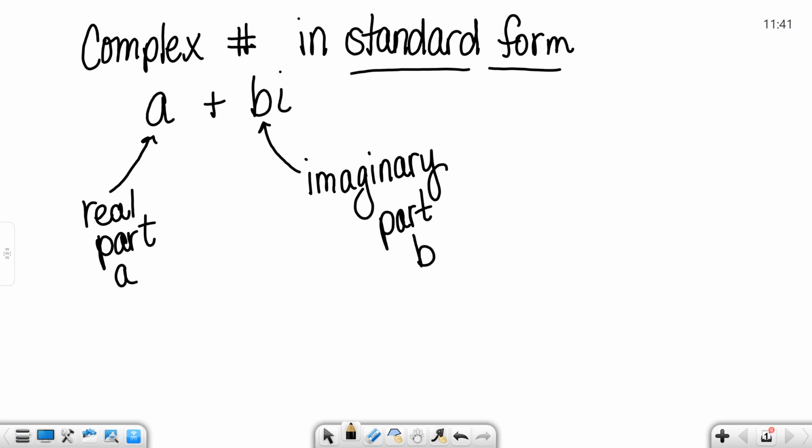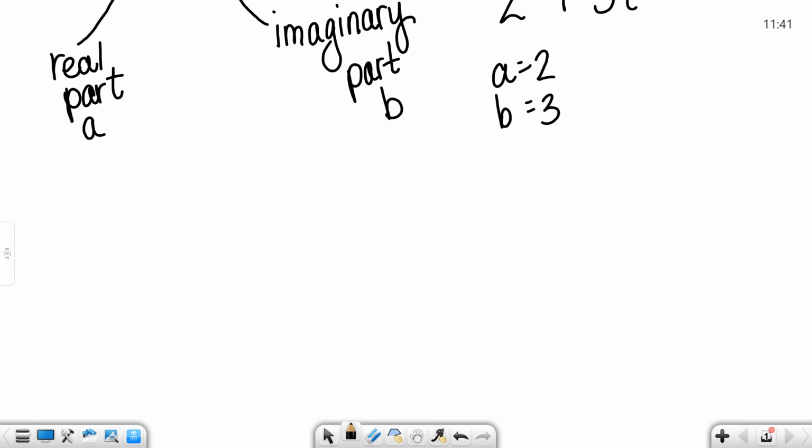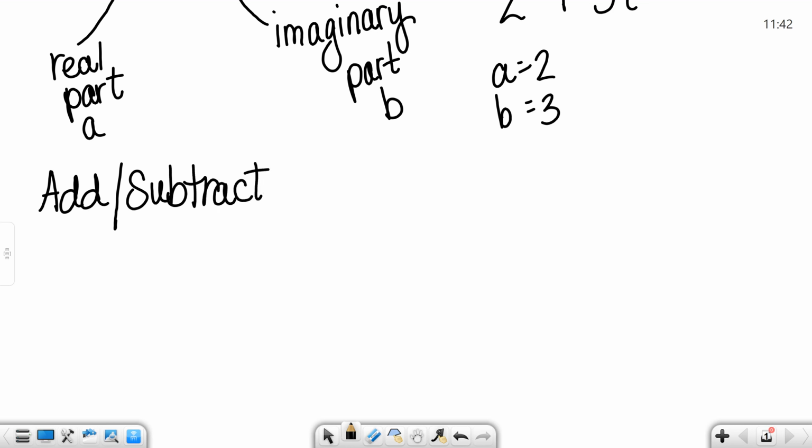All right, so we would have a number like 2 plus 3i. a is 2, b is 3. Okay? You can add and subtract complex numbers. And when you add and subtract complex numbers, you really add the real parts or subtract the real parts, and then do the same with the imaginary parts.